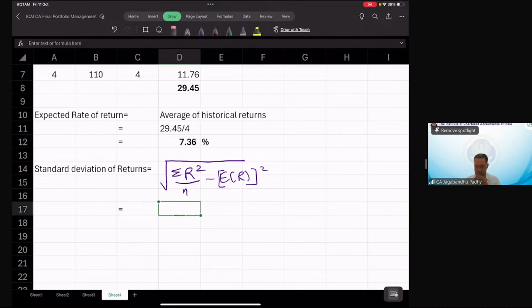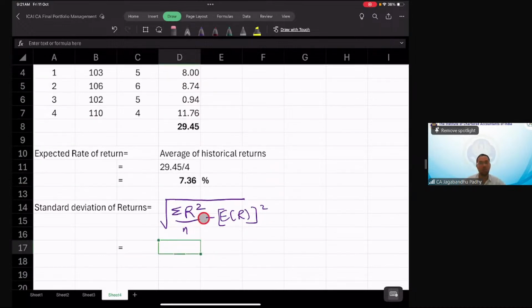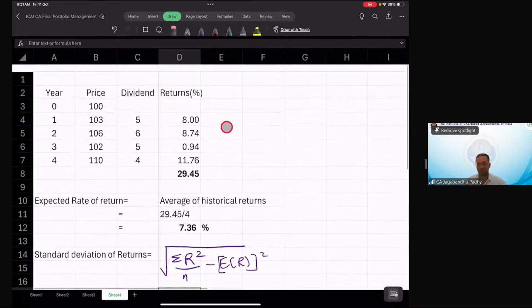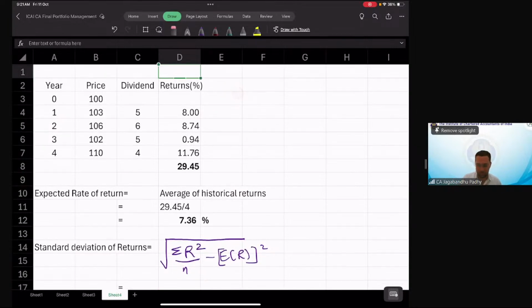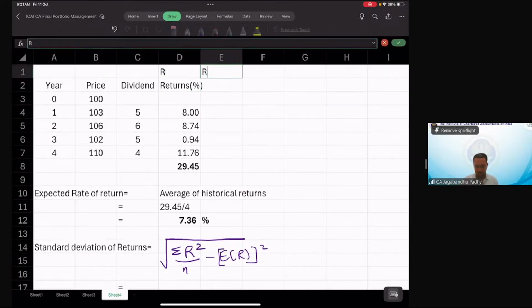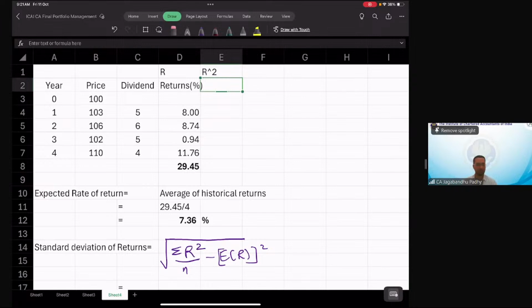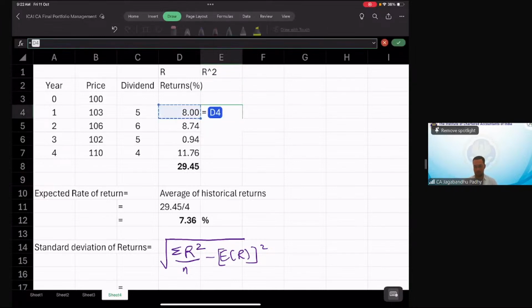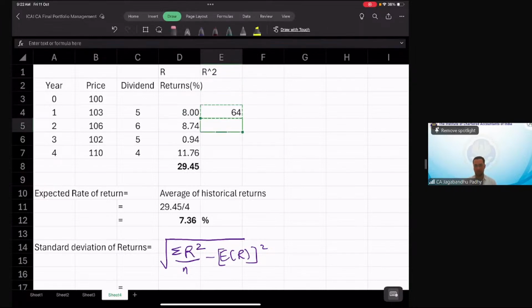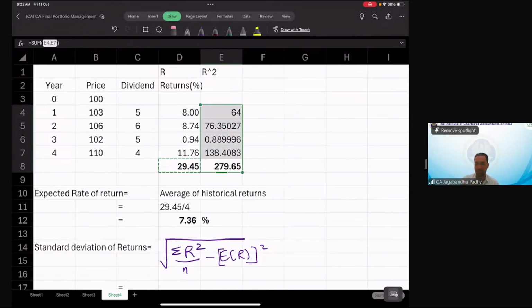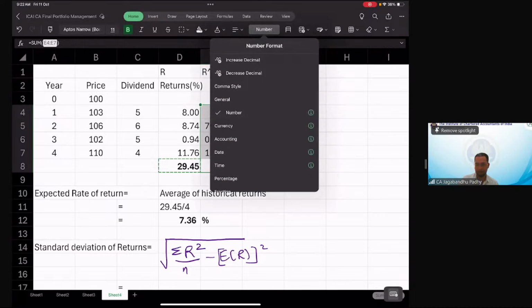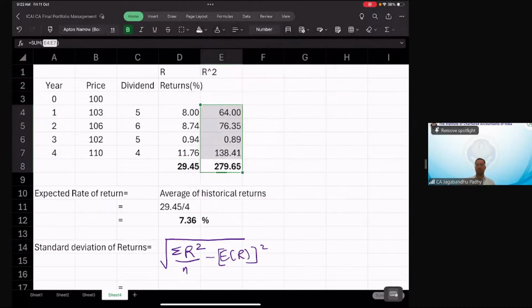So we need to compute one more column over here, pertaining to the returns. If this is R, we will definitely need return square. Return squared will be the return multiplied by itself, and then we take a summation of it.